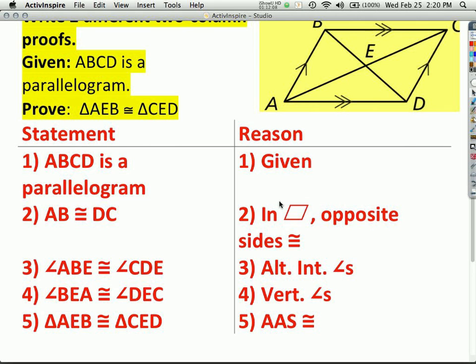And so here's an example from earlier. Someone had asked, I think Feng, you had asked, how do we write it in a proof? So notice I didn't put theorem 8 point whatever. I just wrote in shorthand, in a parallelogram, opposite sides congruent. And I could have even abbreviated opposite. Then I did alternate interior angles up here, and then vertical angles here, and we got angle, angle, side.